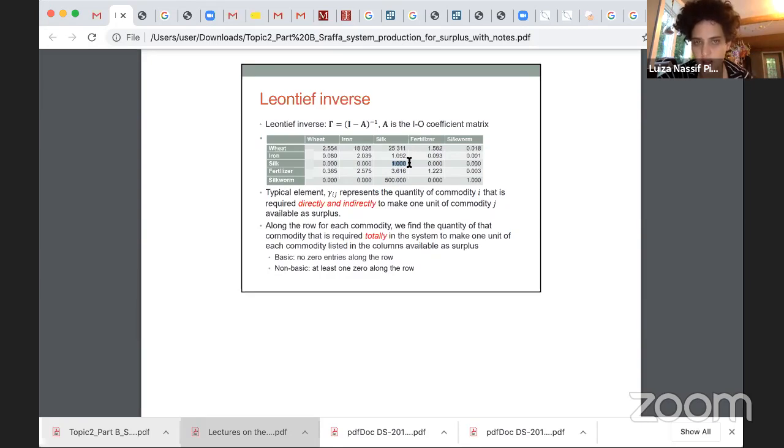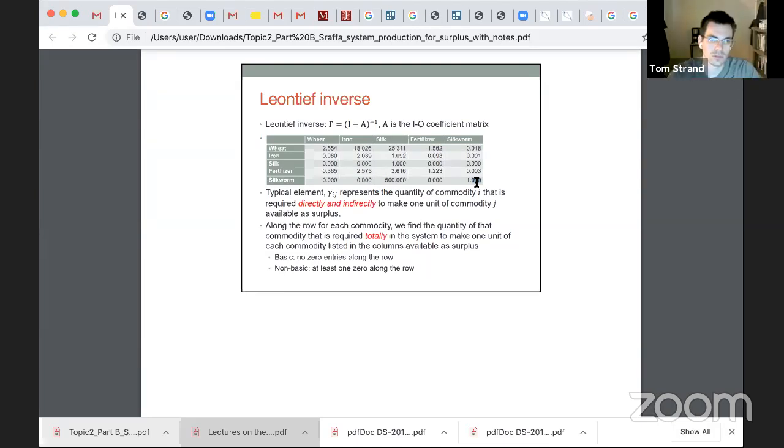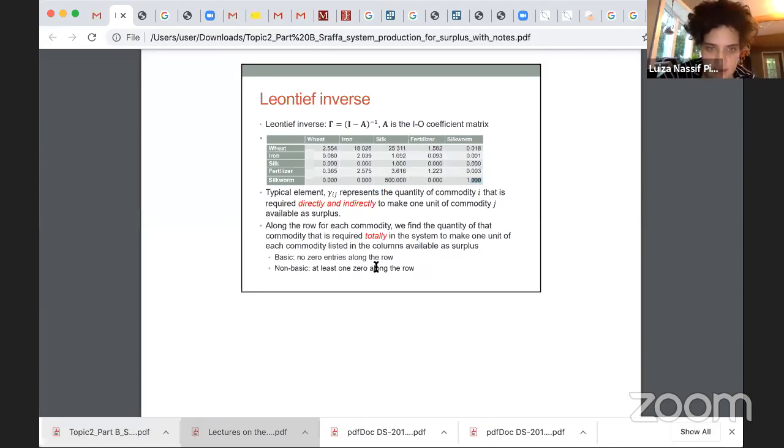That's why this is 1. So the main diagonal of this table is always going to be bigger than or equal to 1. When it is 1, this means that this is a good that is only being demanded as... doesn't go. No, it does go, because of the silkworm.